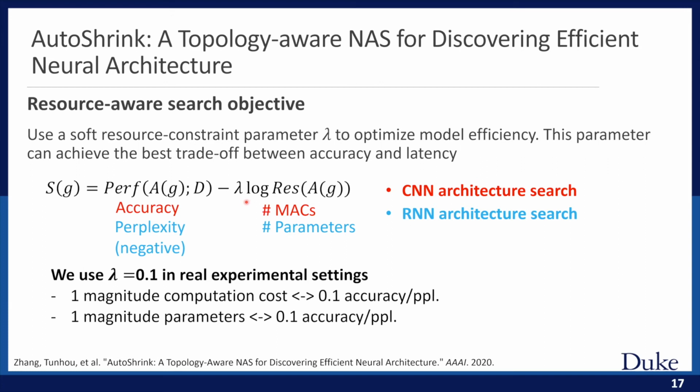For example, for CNN architectures, we use MAC (multiply-accumulate) numbers to penalize extremely large models. And for RNN models, we use parameter numbers. Here, for example, lambda equals 0.01. So 10% of the accuracy is penalized by one magnitude of parameter counts. This is a hyperparameter, and we could change it during the training.